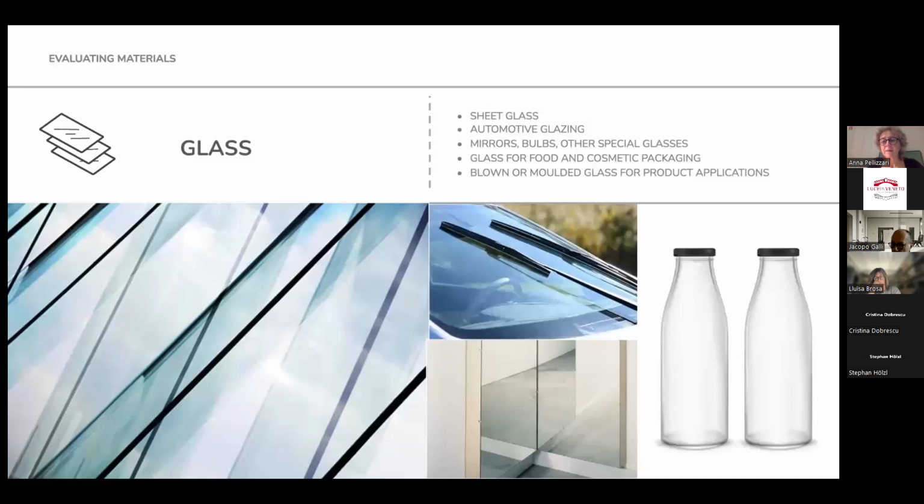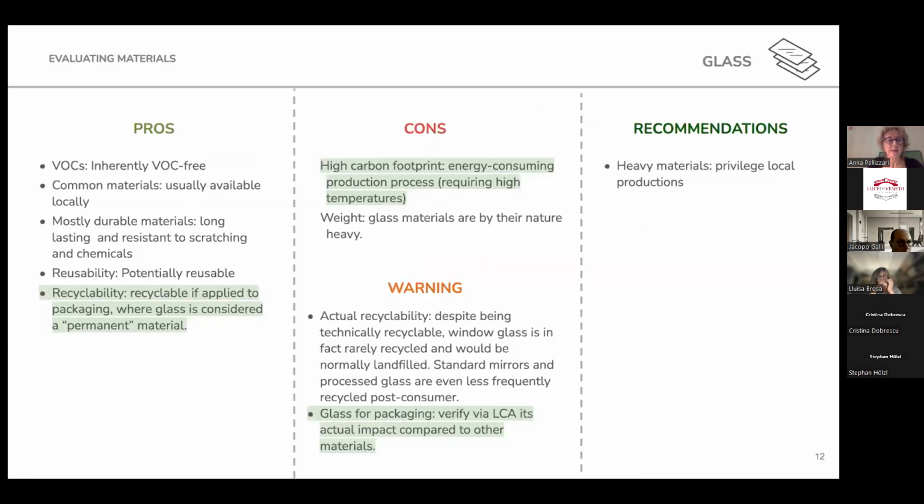Glass. Glass is a material that's considered good, although it has some issues. Glass is a very impactful material when it comes to CO2 because of the energy-consuming process. It is a very long-lasting material, except when it breaks, clearly. It is recycled, but only in packaging applications.